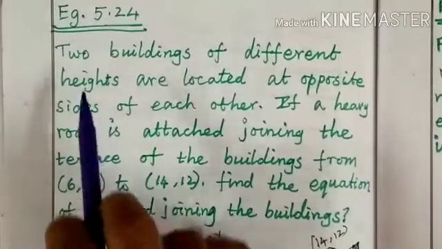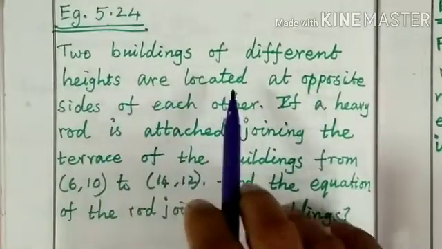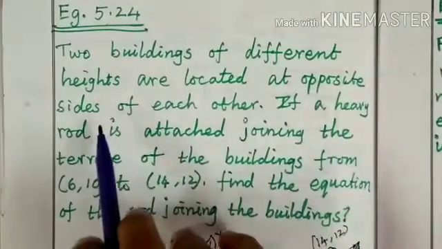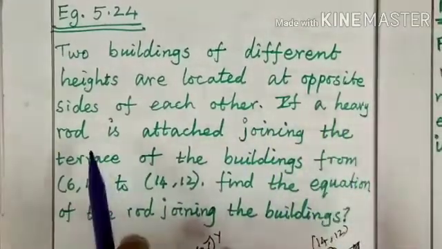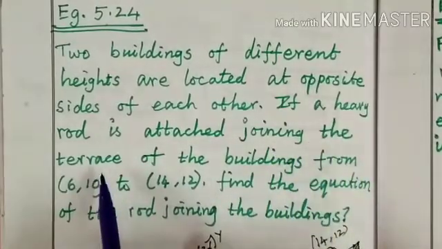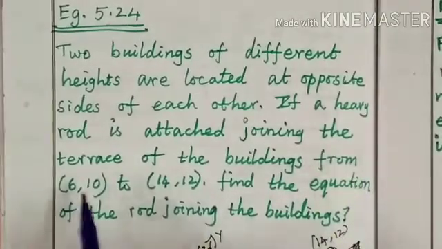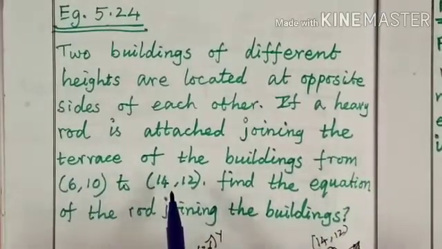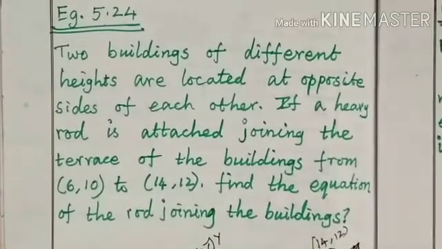See the question. Two buildings of different heights are located at opposite sides of each other. If a heavy rod is attached joining the terrace of the buildings from 6, 10 to 14, 12, find the equation of the rod joining the buildings.